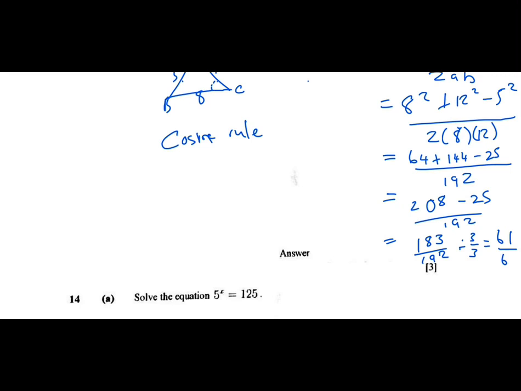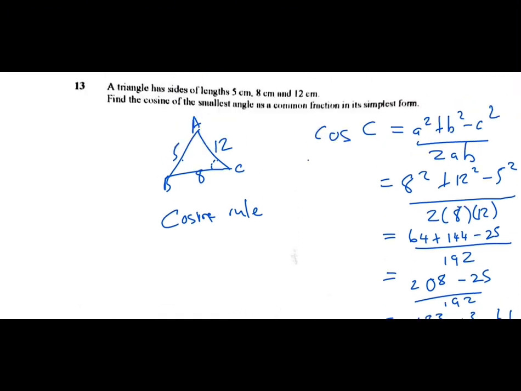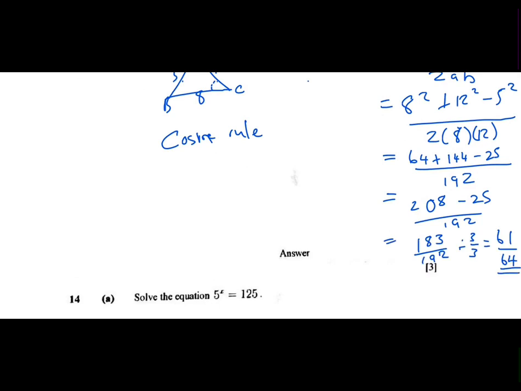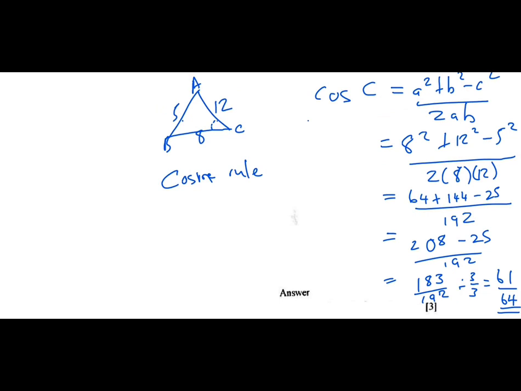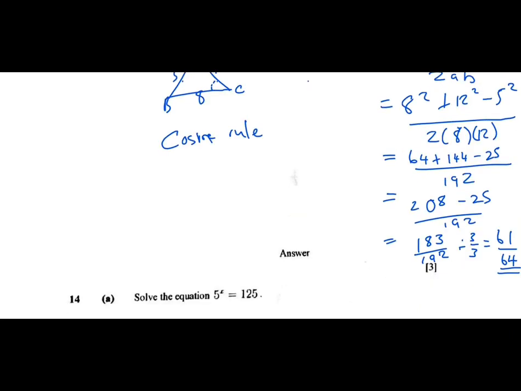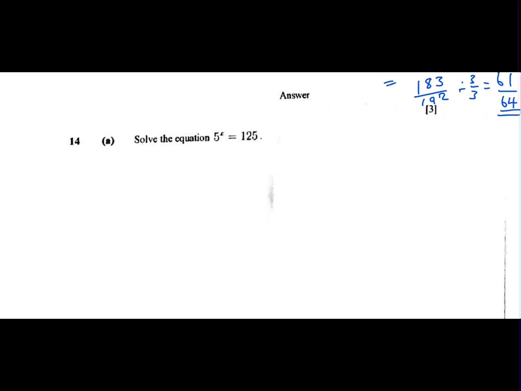So our answer there would be 61 over 64. We cannot divide it anymore because there are no common factors between 61 and 64. Actually, 61 is a prime number. Just take care to reduce a fraction to its lowest terms, where you cannot find any more common factors between the numerator and the denominator.